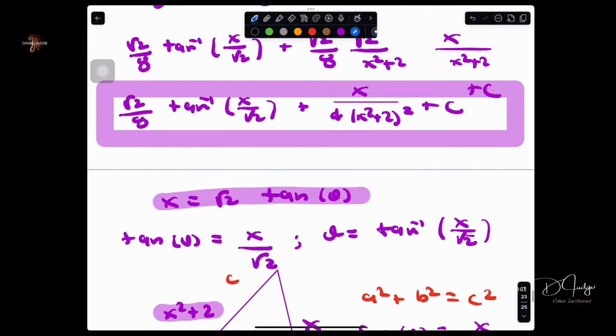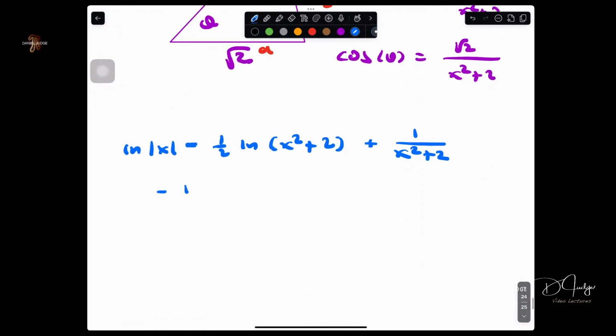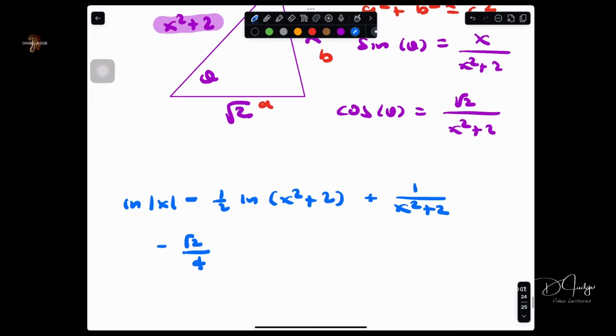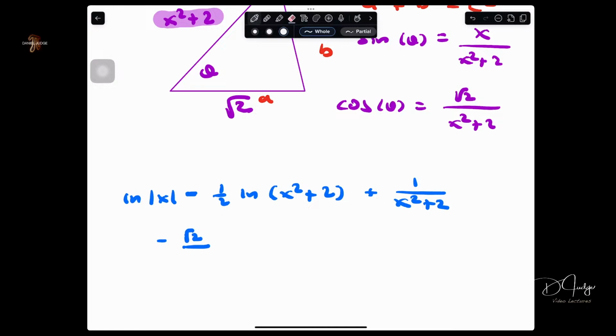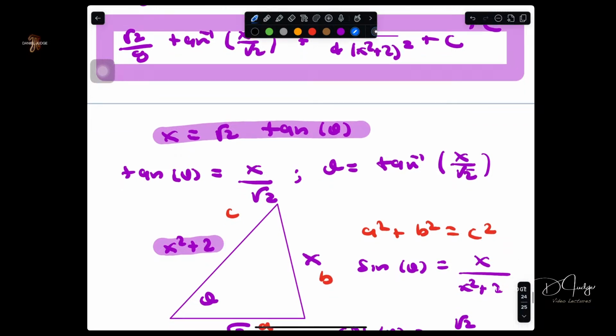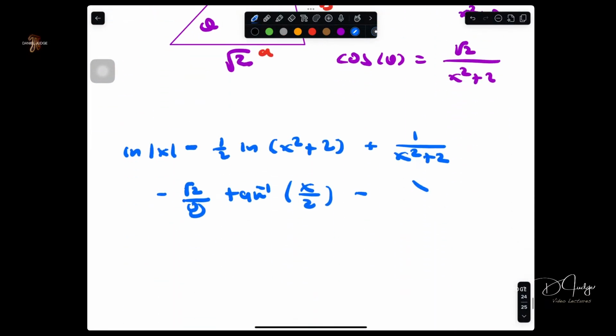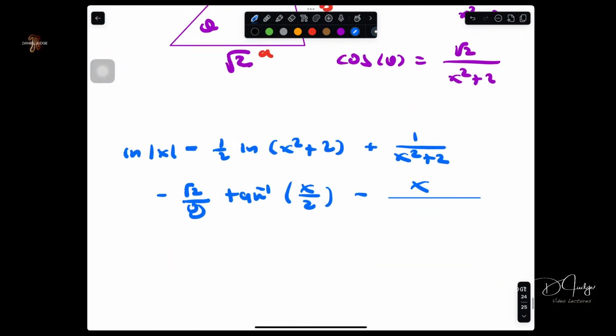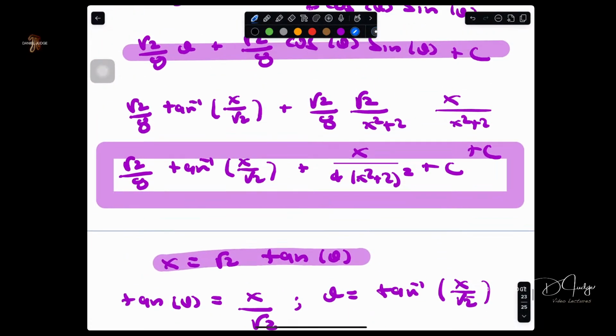So it's minus everything you see here: square root of 2 over 8 inverse tangent, minus x over 4 times x squared plus 2 squared, plus c.